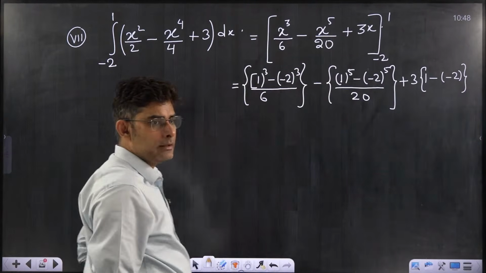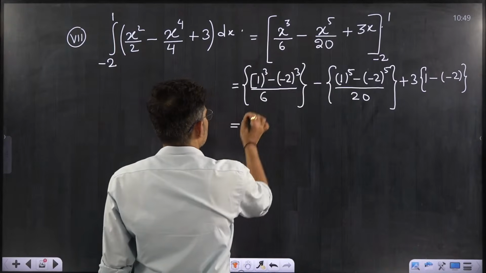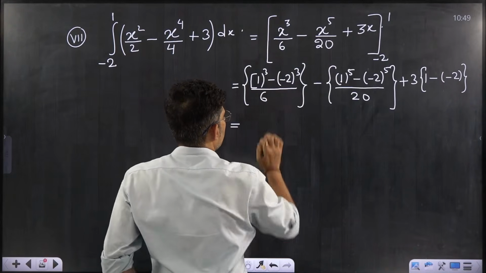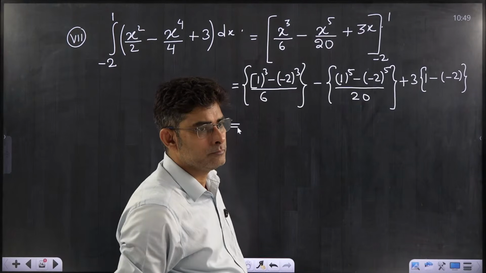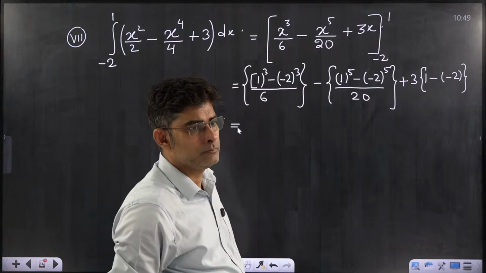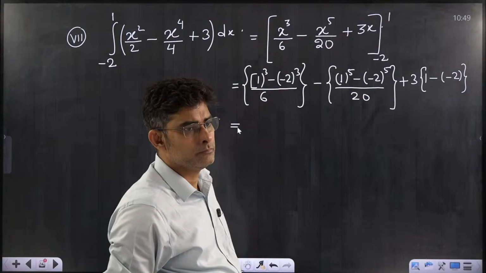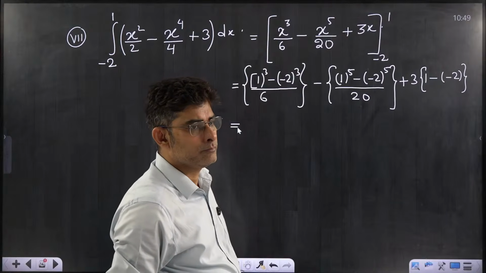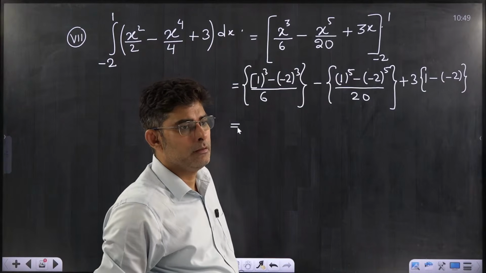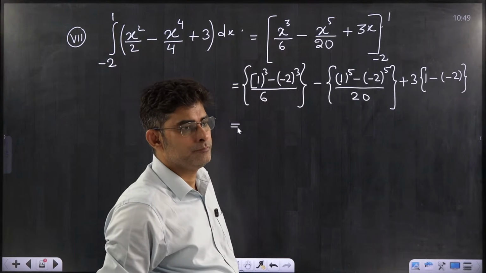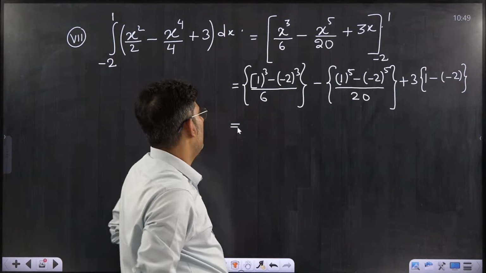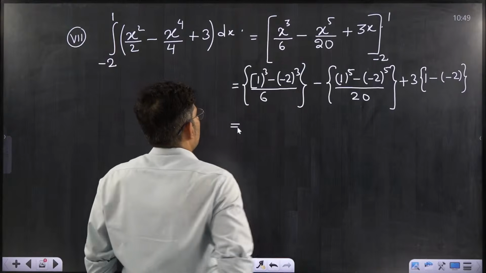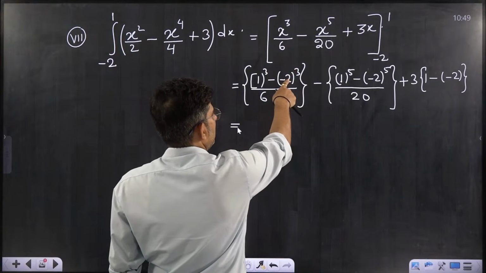So when we do that, 1 cube, 1 and -2 cube is -8.